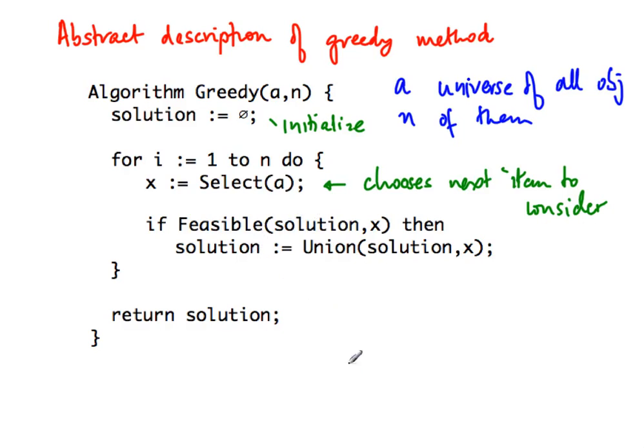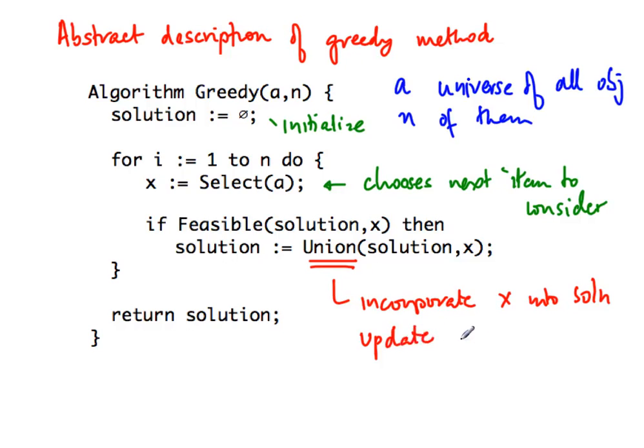So this is abstractly captured by this union operation. What union encapsulates is that you want to incorporate X into the solution and you want to update the state or the objective function or various things.